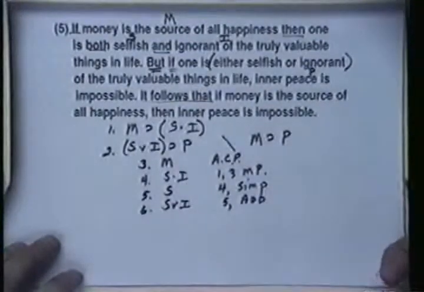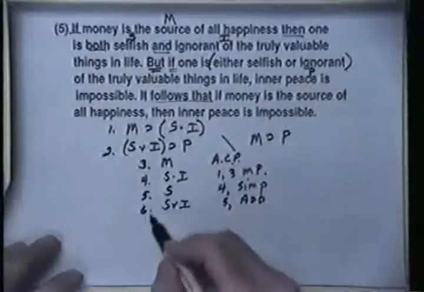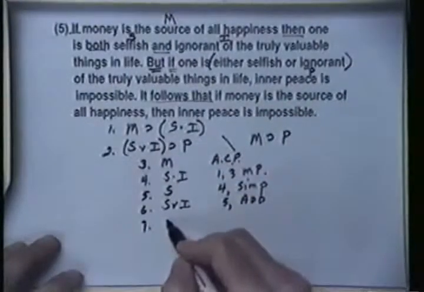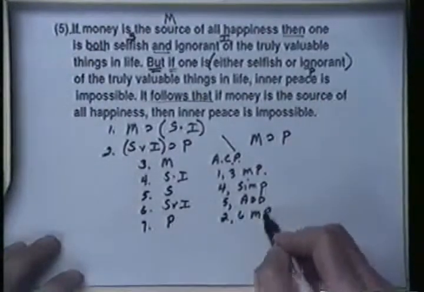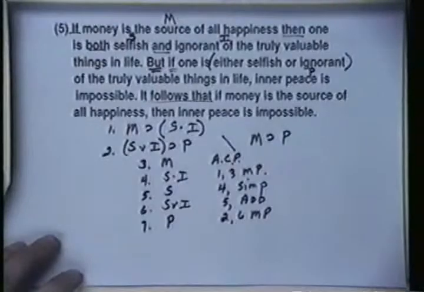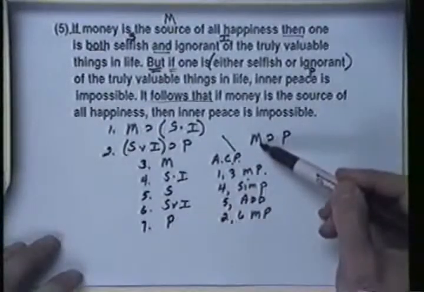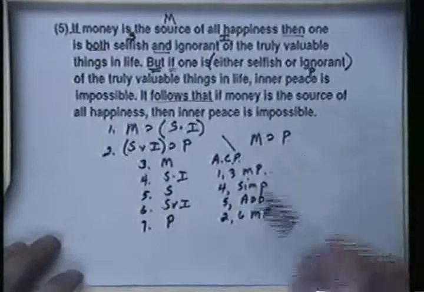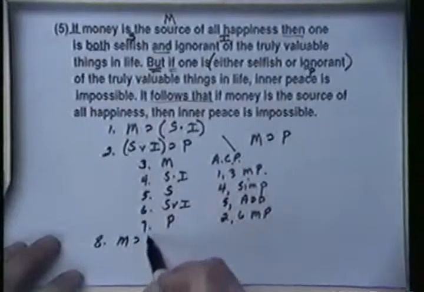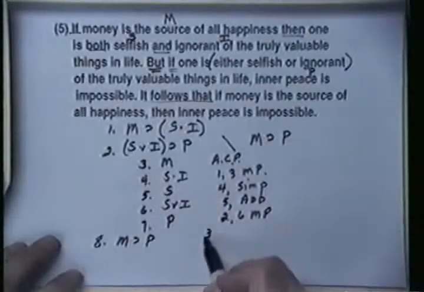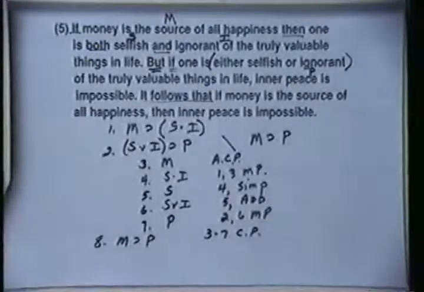And now we have the antecedent of the conditional on line 2, so we can do modus ponens and get P, line 2 and 6, modus ponens. Now we're done with the sub-proof. We've started with M, we have derived P, and so we're ready to discharge on line 8, getting M hooks P, and citing 3 through 7, conditional proof.